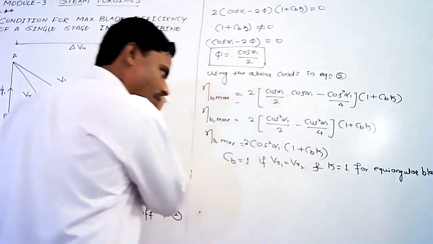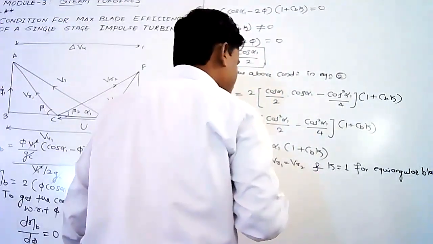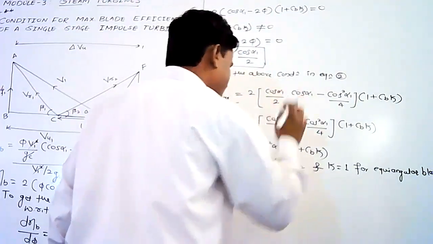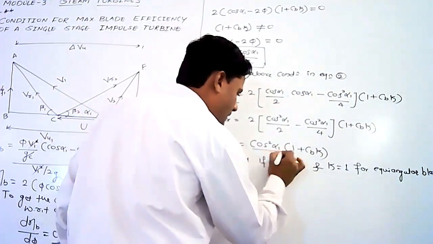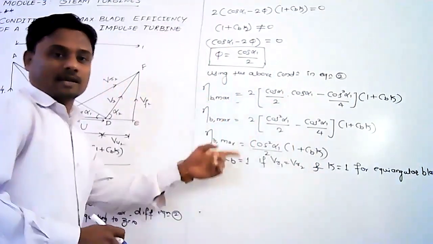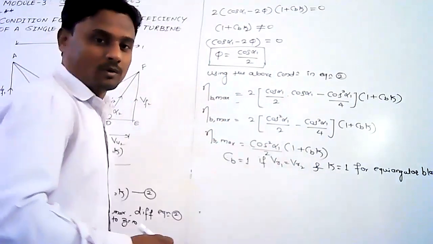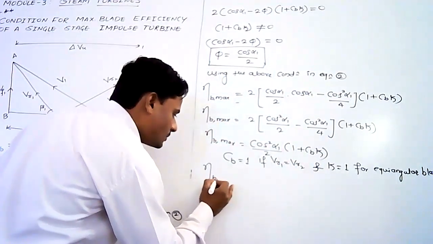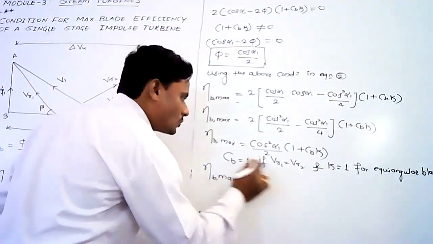So if we use these two conditions, here 4 is the LCM, and after cancelling we'll get cos square alpha 1 by 2 here. Now in this, let us substitute these two conditions.